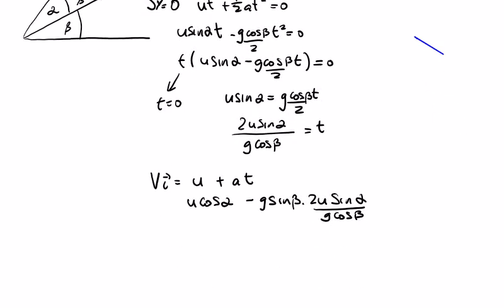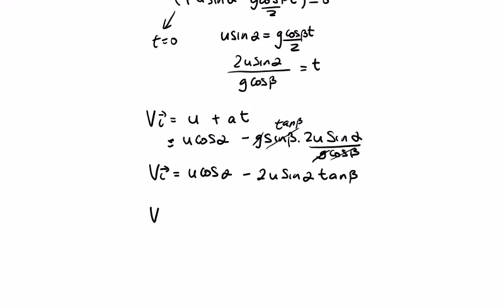What's this going to give me? It's going to give me u cos alpha. Sine over cos is tan, so I'll change this one to tan. The g's cancel, so that's tan beta, and we do want tan beta in our answer, so this is going to give me u cos alpha minus 2u sine alpha tan beta. That's the velocity in the i direction.